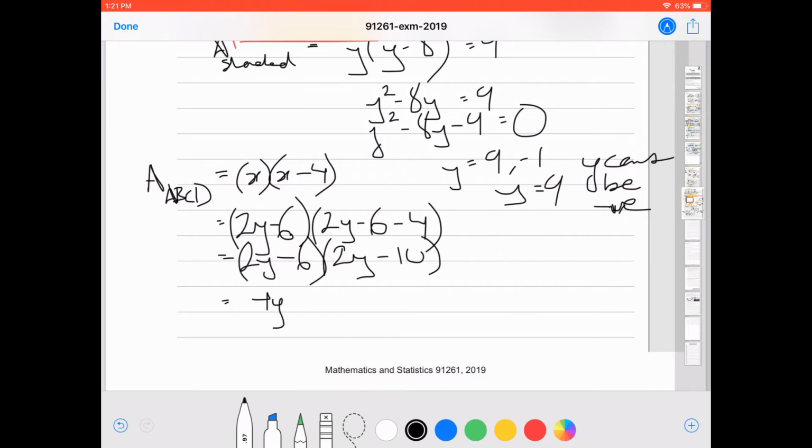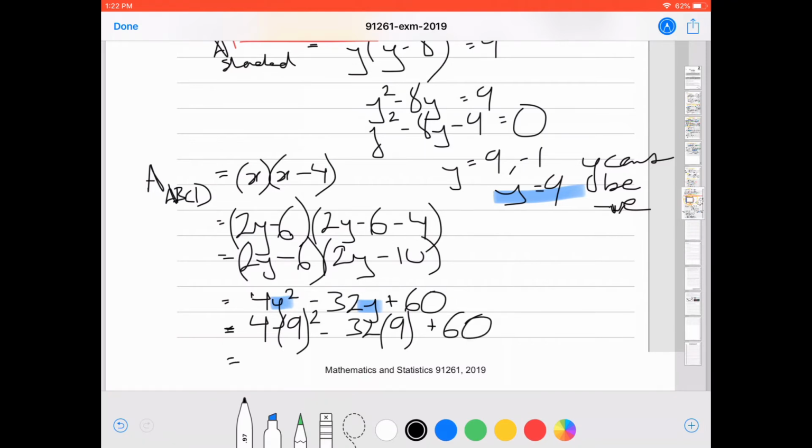We've got 4y squared minus 20y minus 12y is minus 32y, and plus 60. And so at this point, we're going to substitute our value for y, which is 9, into our equation. So wherever we see y, we're going to use the value 9. So 4 times 9 squared minus 32 times 9 plus 60.